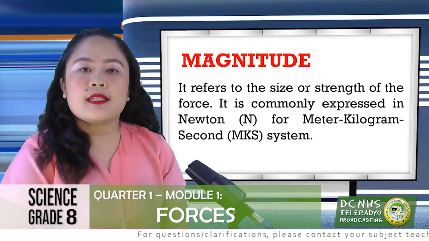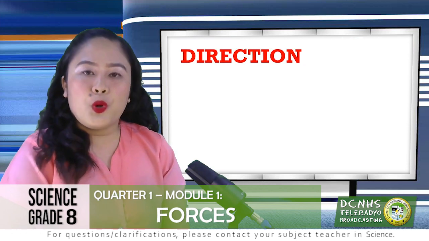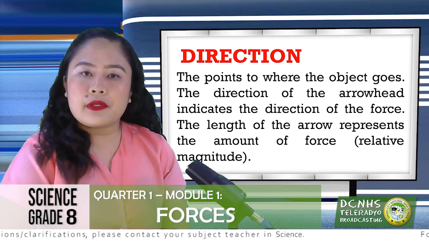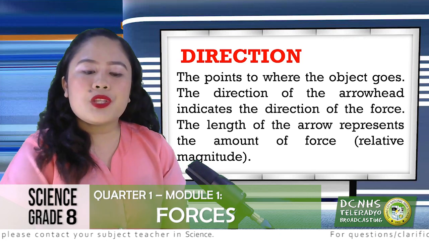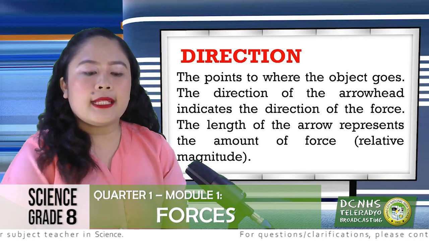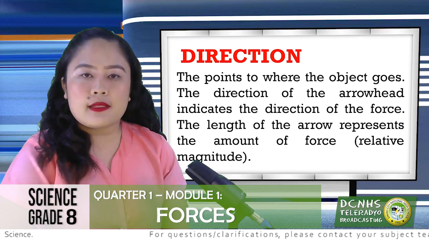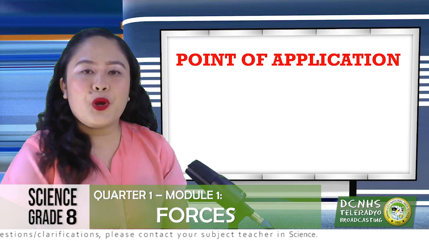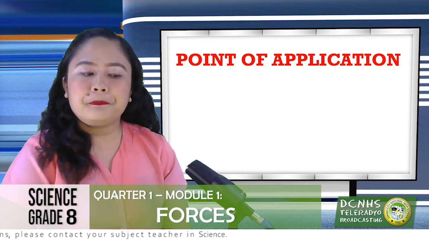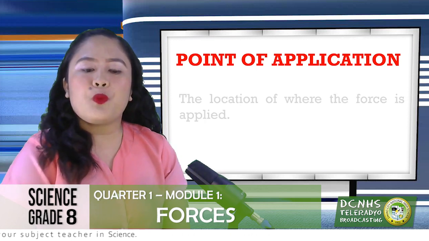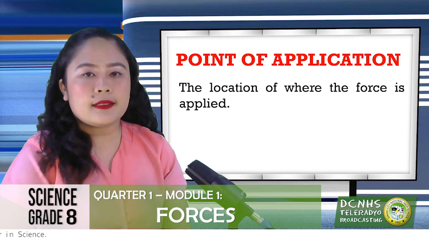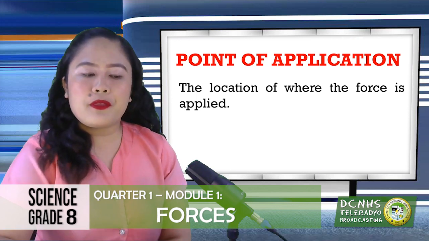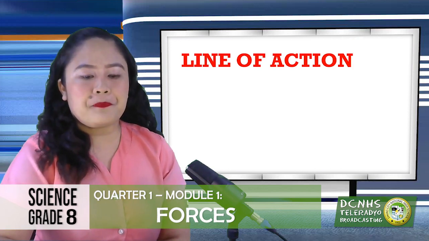Second, direction. Points to where the object goes. The direction of the arrowhead indicates the direction of the force. Third, point of application. The location where the force is applied. And fourth, line of action.